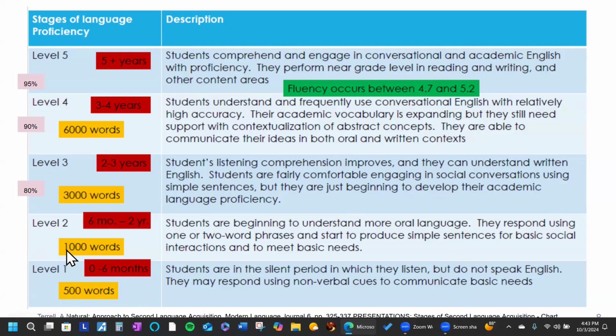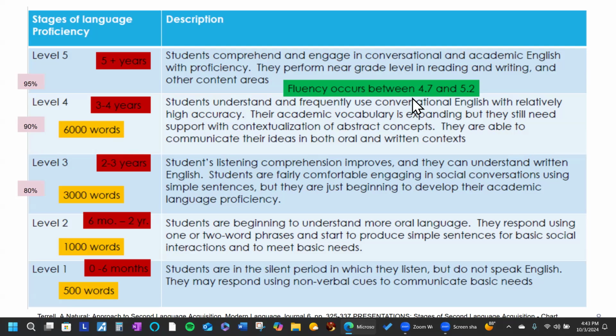By level 2, it climbs to about 1,000. At level 3, maybe 3,000. And that's when you reach that 80% level towards the end of level 3. At level 4, we've climbed up to about 90%. And that was the level I said you have to have for even the basic full understanding.